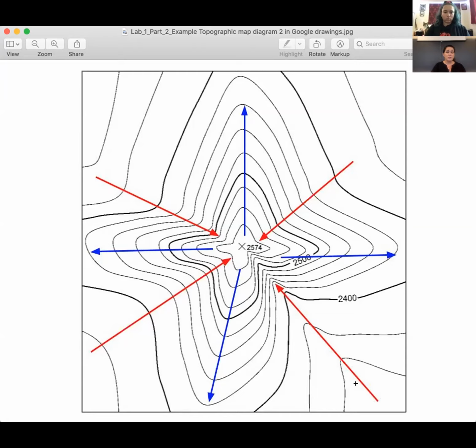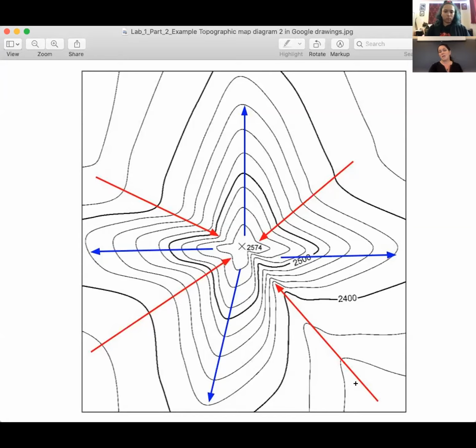I encourage you to do another mental exercise, even though that web page that's linked to the lab does go through this rule of V's and try to get you to learn those things. But that's more like memorization. And I guess I'd rather have you look at the map and try to do a mental exercise and figure it out.